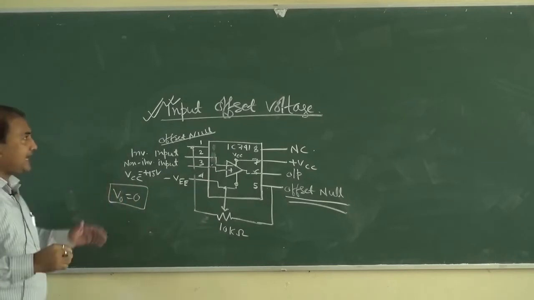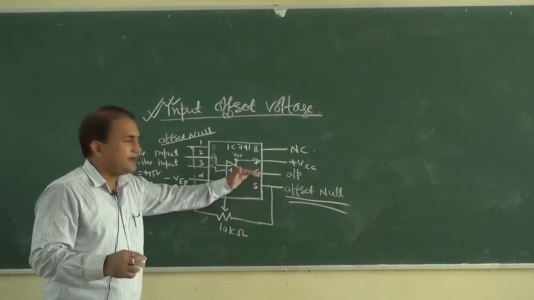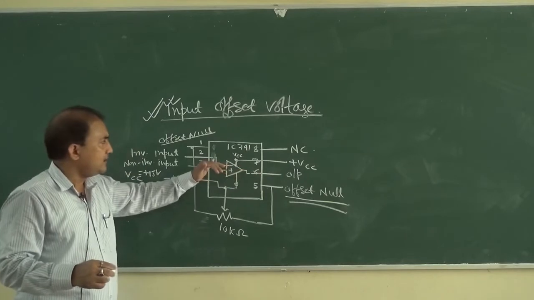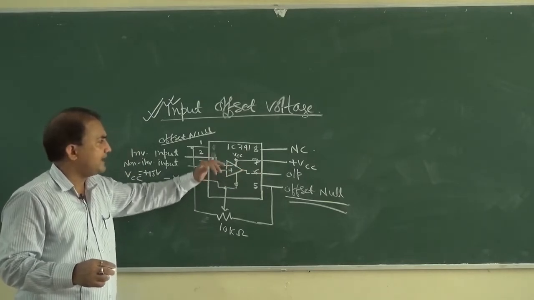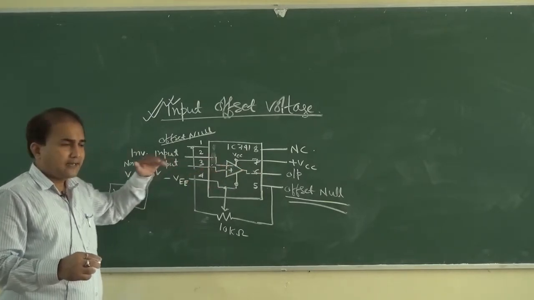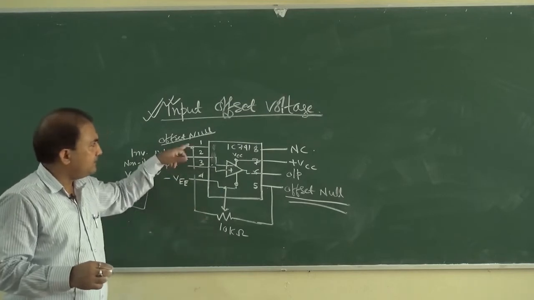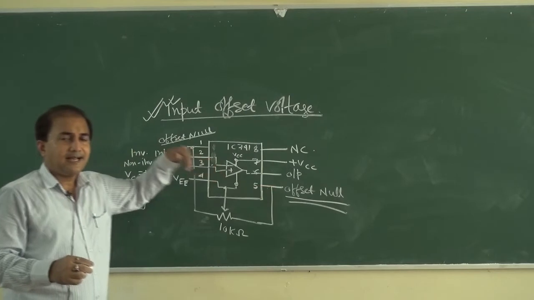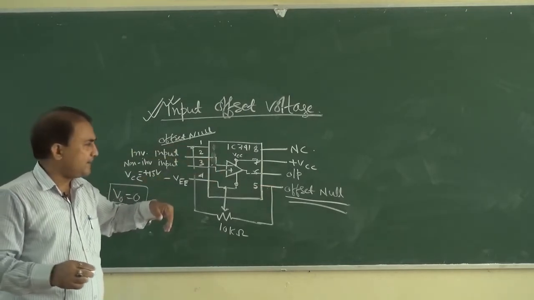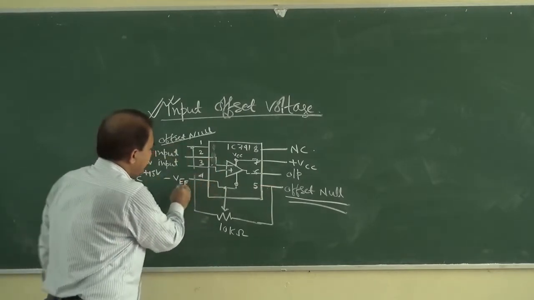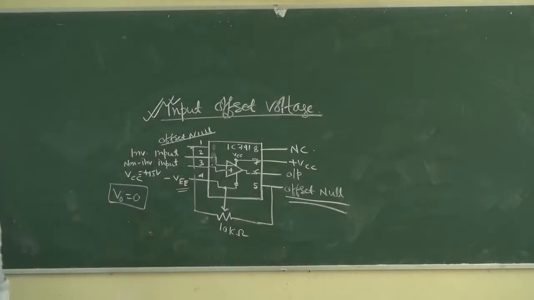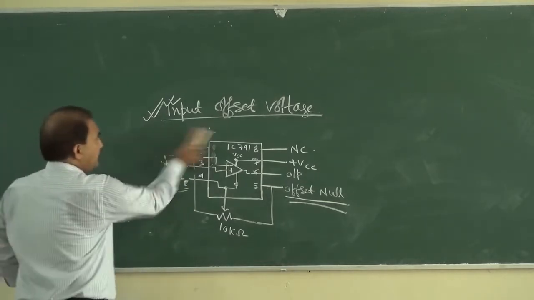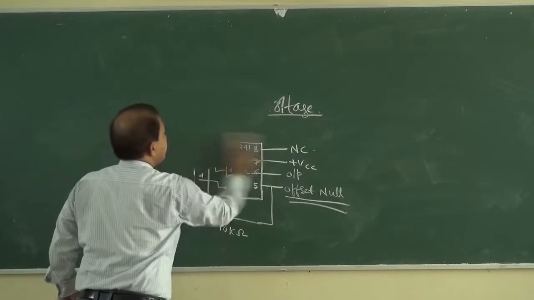In this way we can make V output equal to 0 when these two terminals are connected to ground, by connecting one potentiometer between pin number 1 and pin number 5, adjusting the wiper, and connecting VEE like this. Okay, so this is all about input offset voltage.